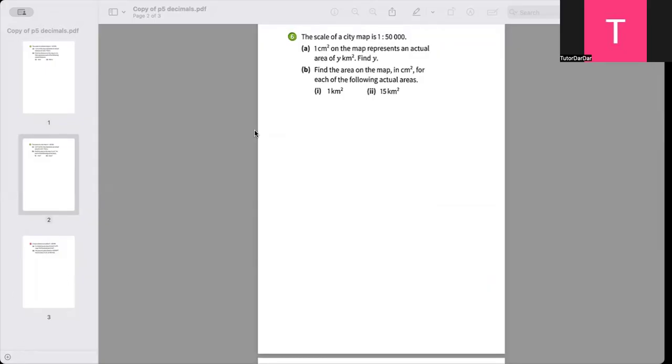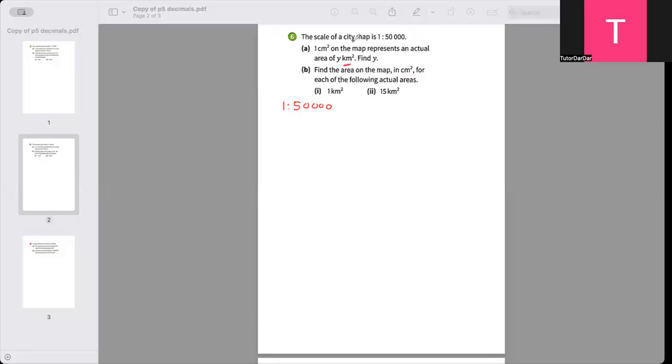Number 6, same thing. The scale of the city map is 1:50,000. So when you know the scale, usually both of them are cm. So first thing first, what we are going to do is convert this to km first.